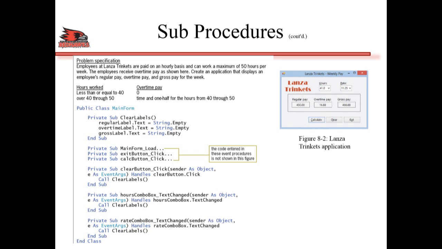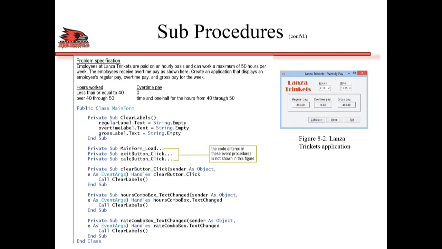After private sub clear labels, you have private subs for main form load, exit button, and calculate button, which we are not focusing on right now. There's code in there, but it's not important to us right now. Then you have clear button click, hours combo text change, and rate combo text change. These are event procedures. Whenever the clear button is clicked or the text is changed, you call clear labels.